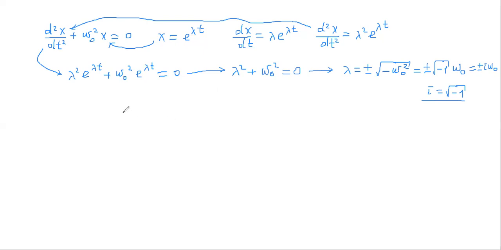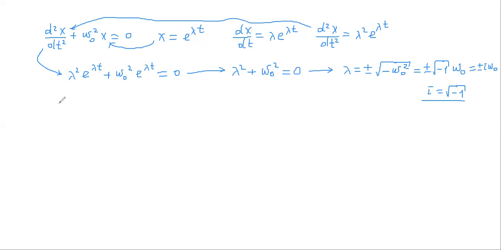So we have two partial solutions of the linear homogeneous differential equation. And I hope that you remember from calculus that if we have two partial solutions of a linear differential equation, a linear combination of these partial solutions will also be a solution of this differential equation.